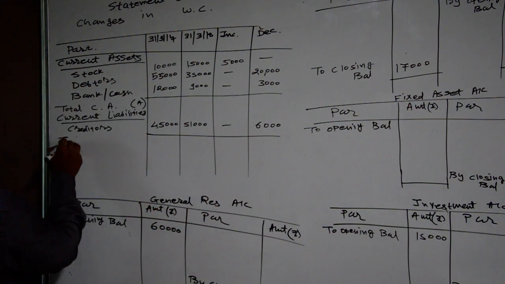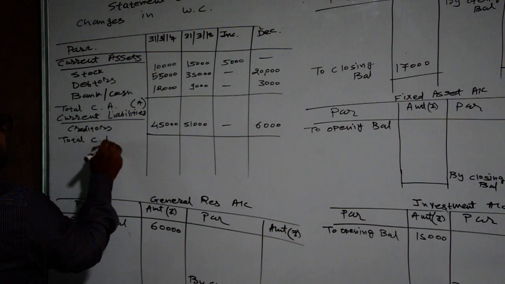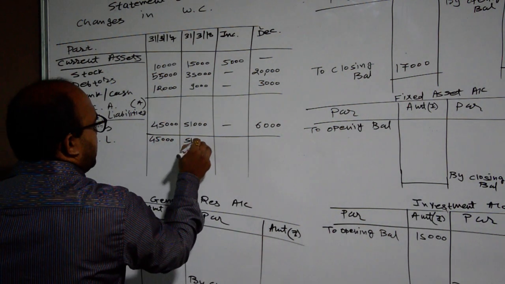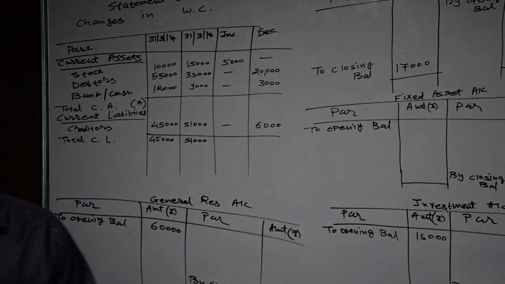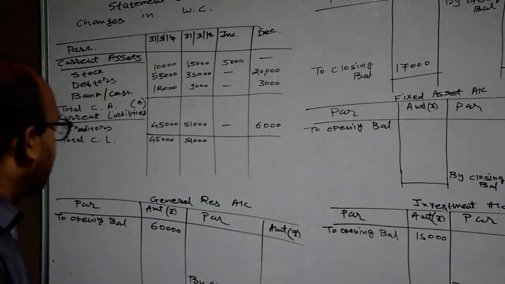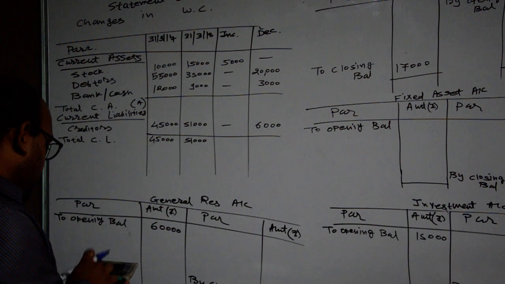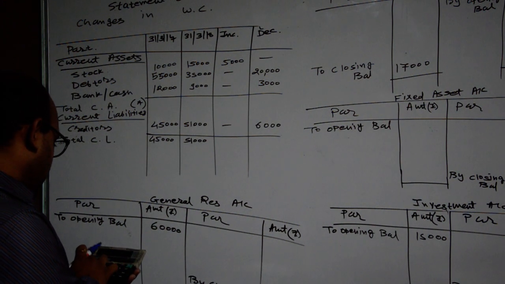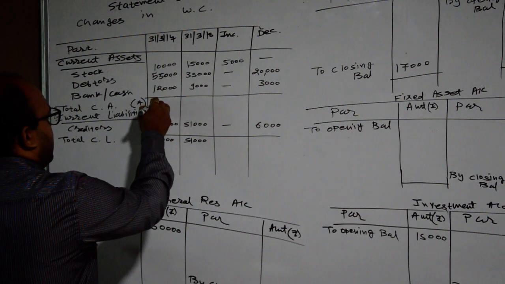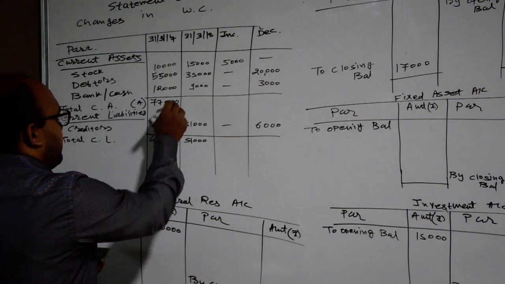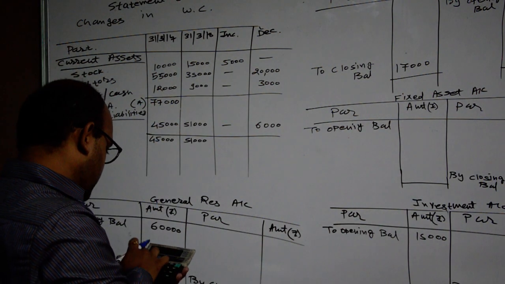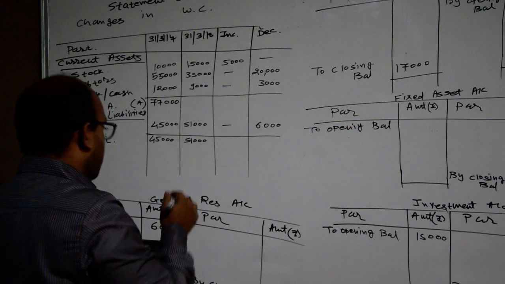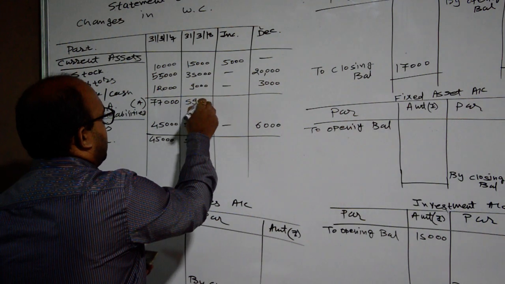Total current liabilities means 45,000 and 51,000; there is no need to make a total because a single item is given in current liabilities. Then 10,000 plus 55,000 plus 12,000, the total current assets will be 77,000. And 15,000 plus 35,000 plus 9,000 means 59,000.